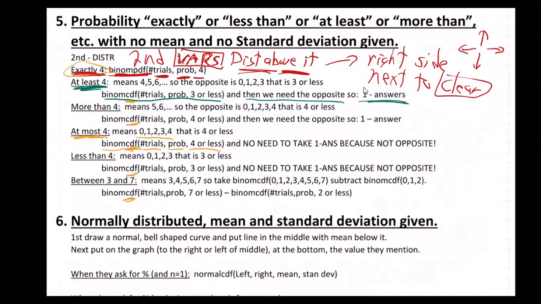Notice my pattern carefully. Everybody tracking with me? At least 4 means the opposite of 3 or less. Do you see how I changed the number? I'm giving you an example of at least 4. So in my case, at least 23 or whatever it says, I'm going to have to put 22 here. Do you see how you put one number lower?